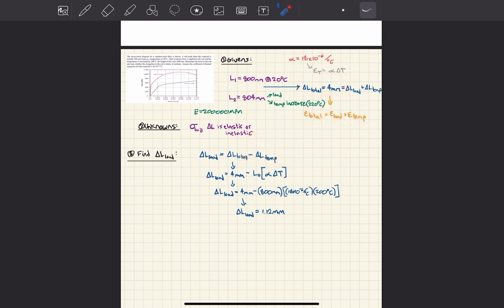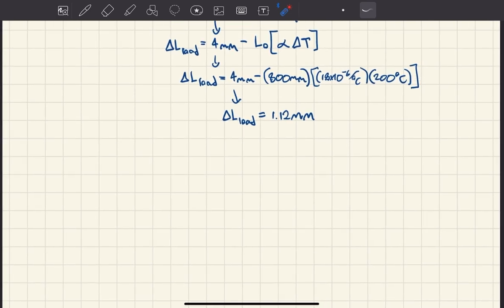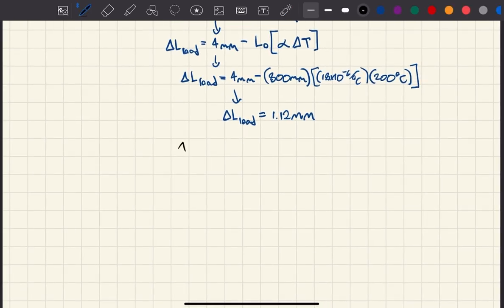Okay, we have this. What did we say we want to find? We said we wanted to find strain. We can simply find strain now. Step 4, find strain due to the load.